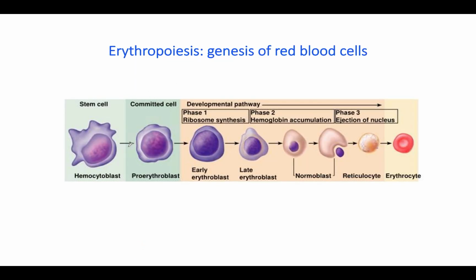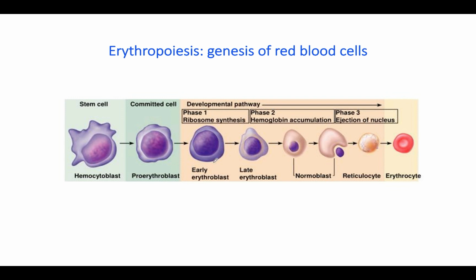So, from stem cell, hemocytoblast divides to form proerythroblast. Proerythroblast divides to form early erythroblast.